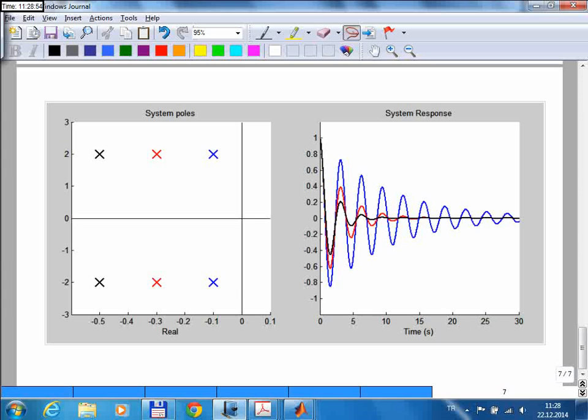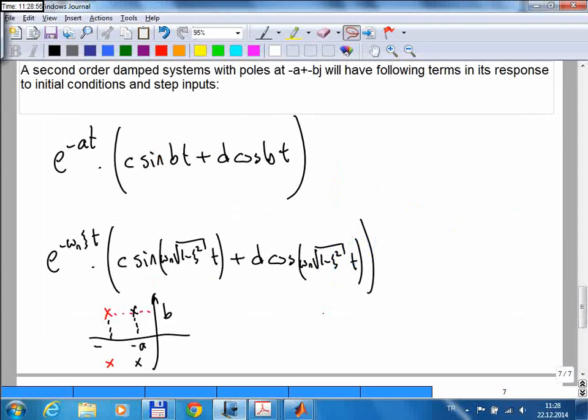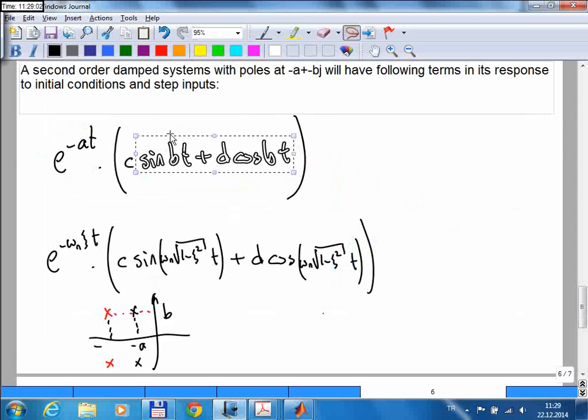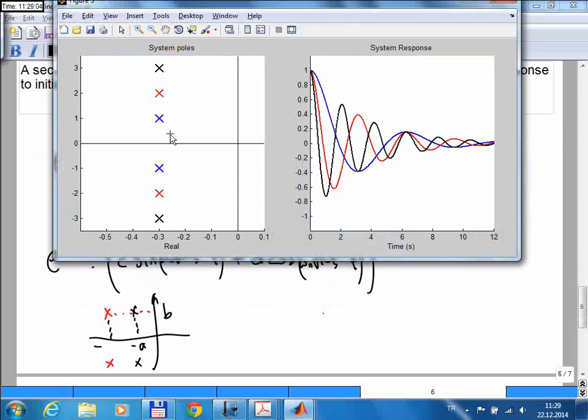And if you look at the response here, this time we're keeping this thing the same, but changing the frequency. And this is what we have at the end. So things have different frequencies, but they have the same amplitude.